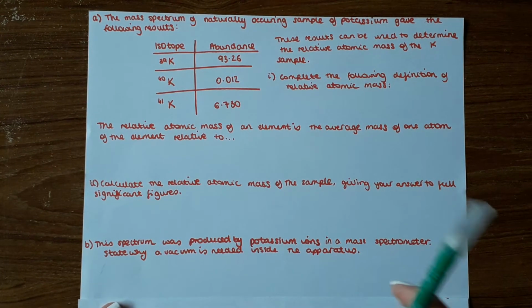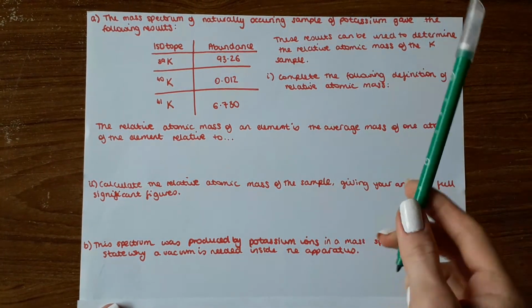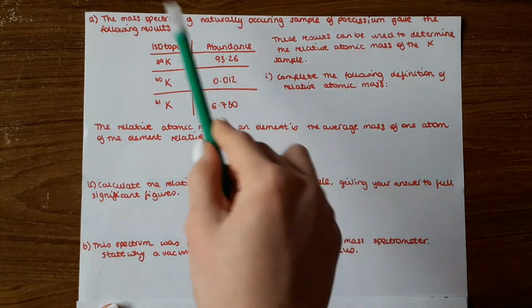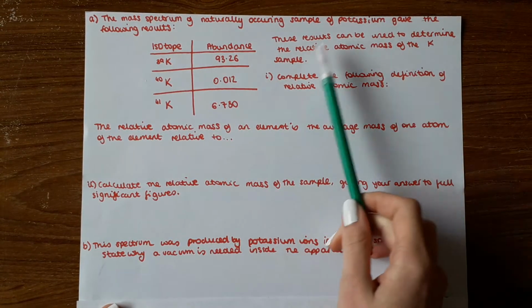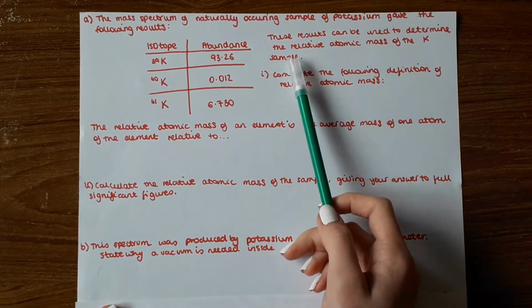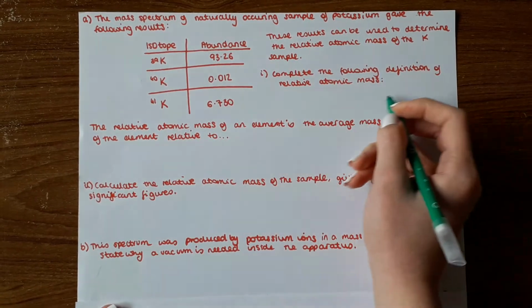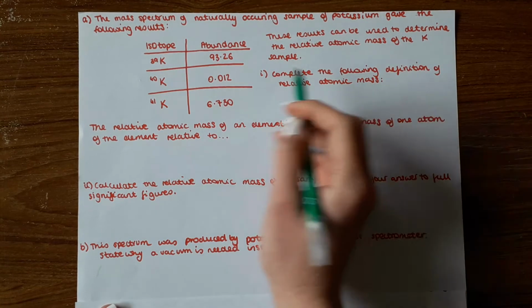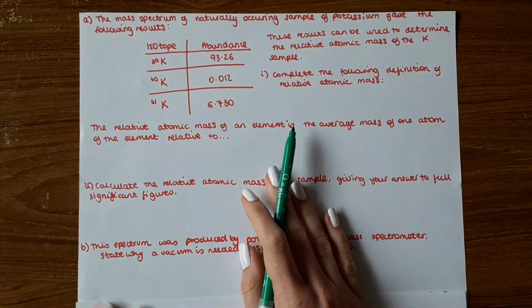The mass spectrum of a naturally occurring sample of potassium gave the following results. Isotope and abundance. These results can be used to determine the relative atomic mass of the potassium sample. Complete the following definition of relative atomic mass. So this question is all about the mass spectrometer.